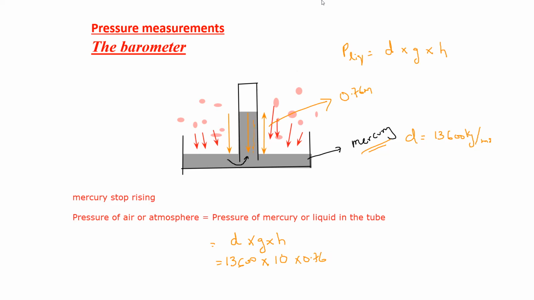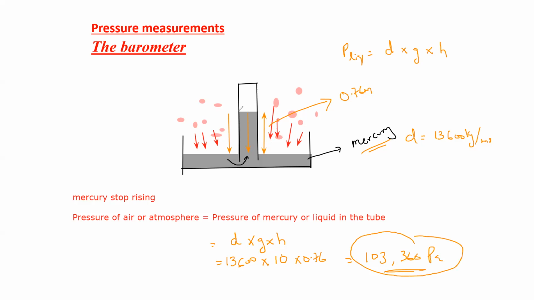So 13,600 multiplied by 10 multiplied by 0.76. The final pressure will be 103,360 Pascal. That is the pressure exerted by the liquid.